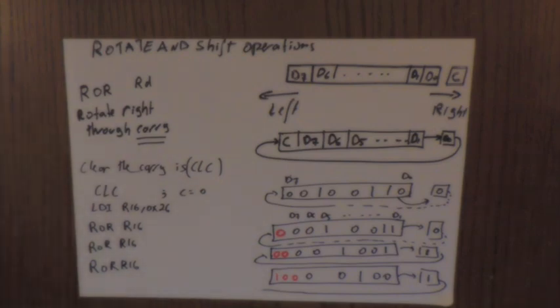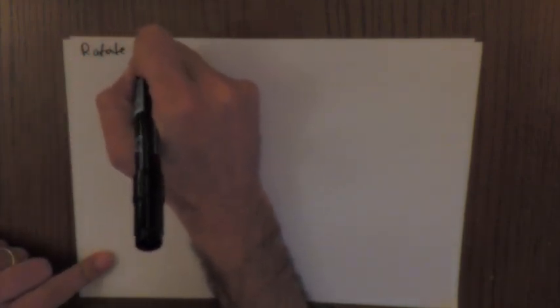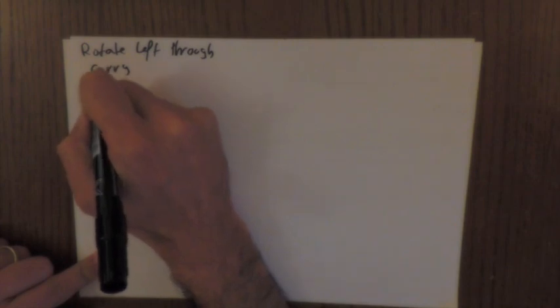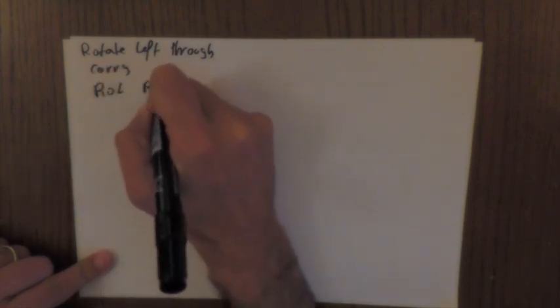We also have a rotate left instruction. With rotate left, we do the same thing, but the other way around. Rotate left through carry is ROL, and it takes Rd.